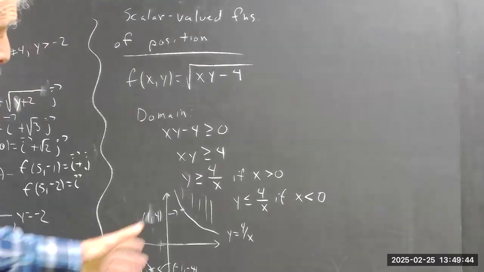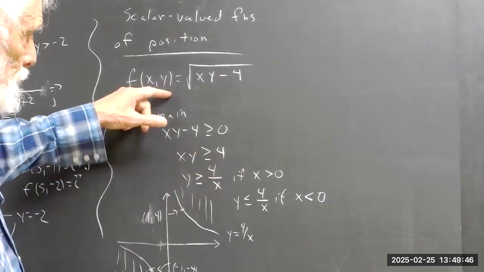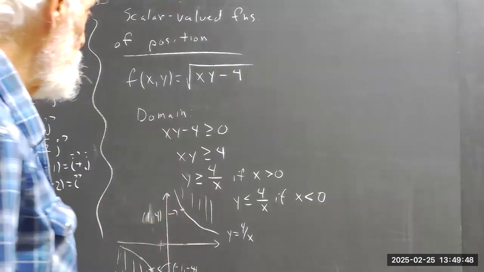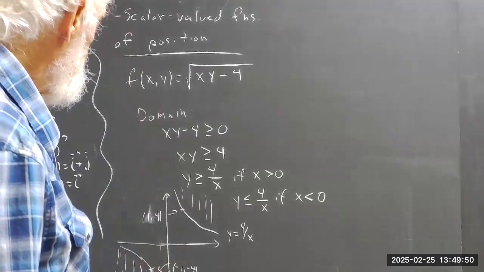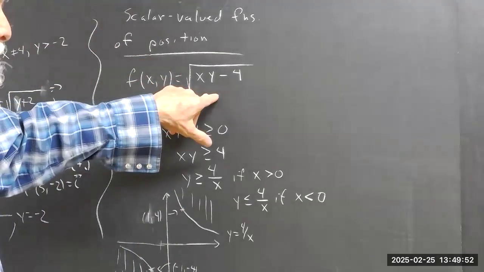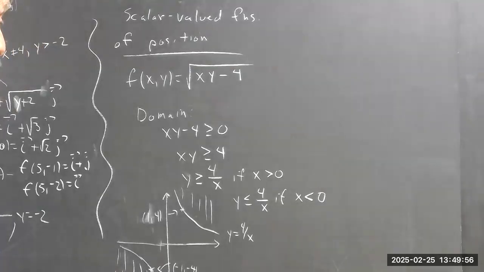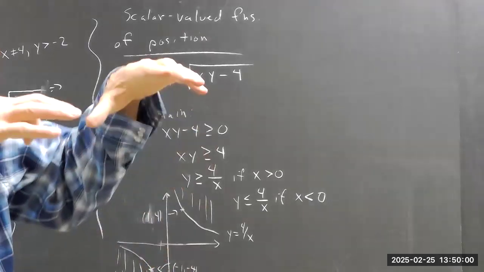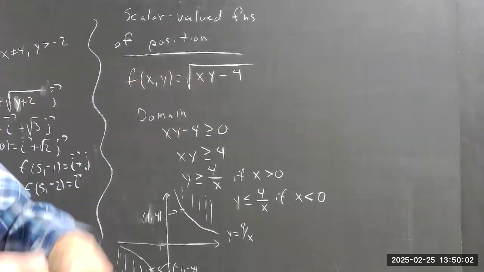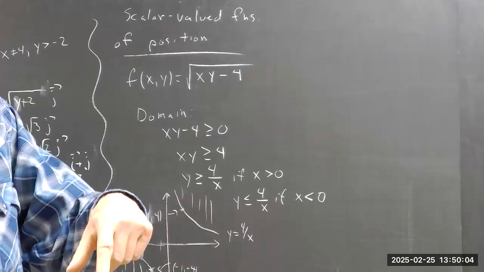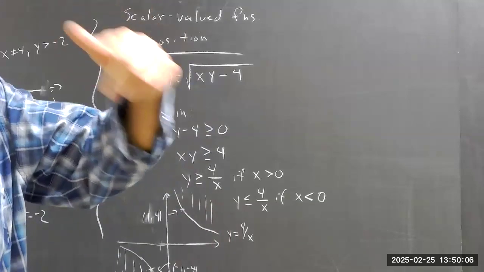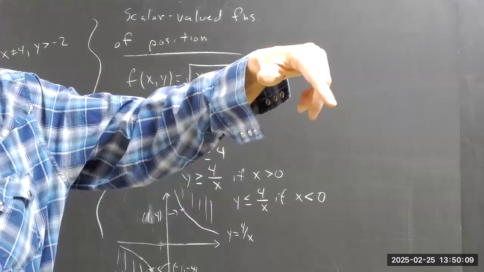So if you're looking at what happens to the values of this function within a specific curve, we could attempt to sketch this function in 3 dimensions. You would get a surface and you'd have this curve in the XY plane, and above that curve, you would have a curve on the surface.